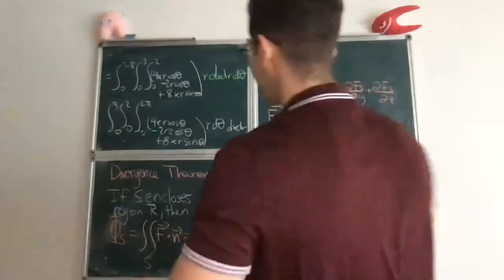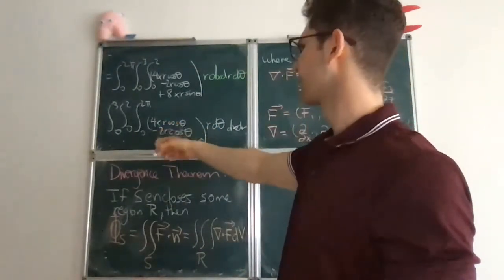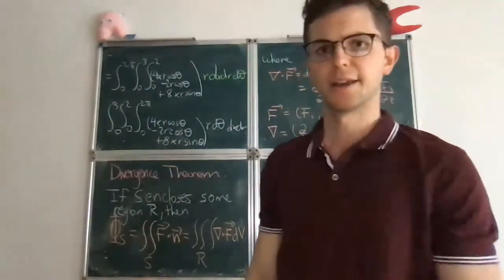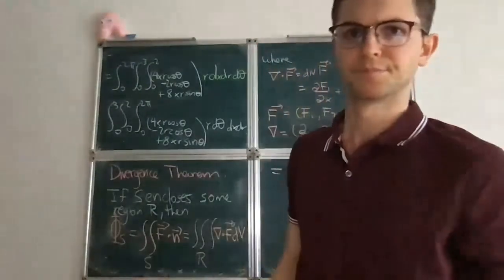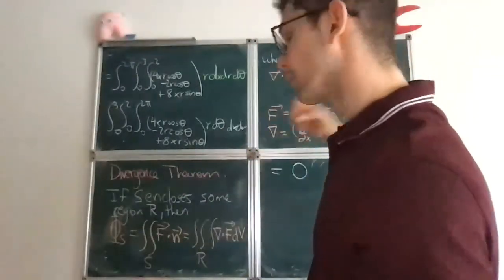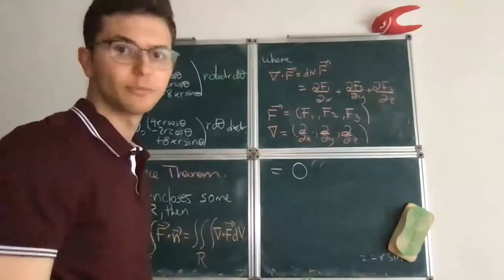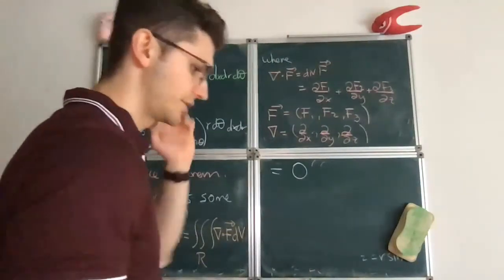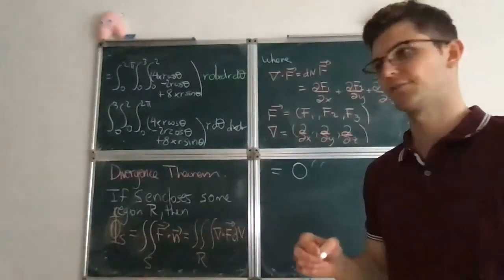The point is that if you integrate first with respect to theta, you're integrating cosine or sine from 0 to 2 pi, and each of those has integral 0. So in the end you get 0. So this tells you in a very straightforward way that the flux had to be 0, which we had computed by checking individually that the flux along each of the 3 surfaces was 0.